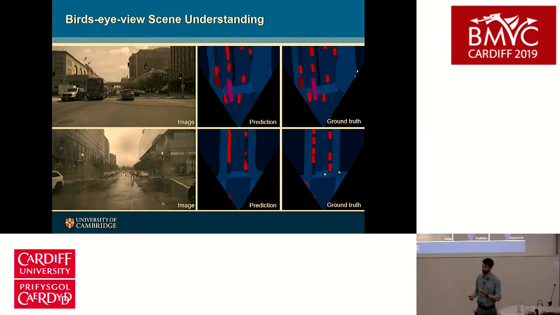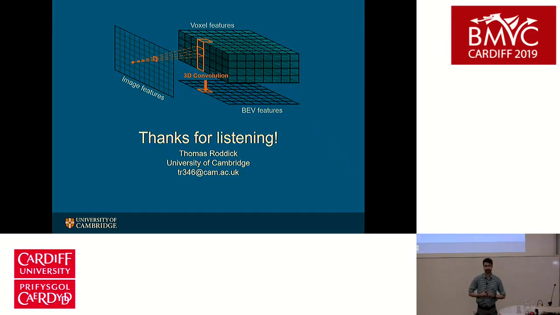So here we have an example where the aim is to build a full semantic map of the top-down world, not just looking at cars, but looking at road layout, etc. And this work, this OFT transform, applies equally well to this, and it's a very powerful representation, which we think is really good for any sort of 3D reasoning tasks. So yeah, thank you very much, and any questions?